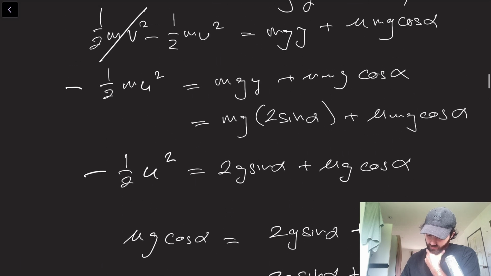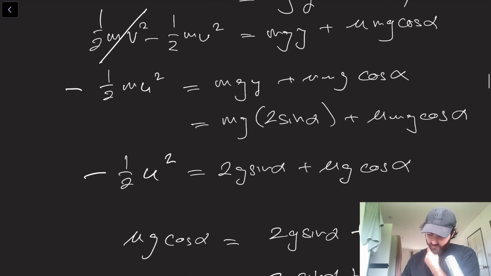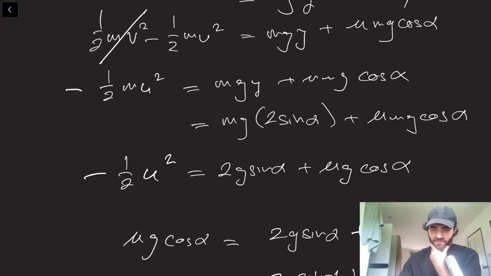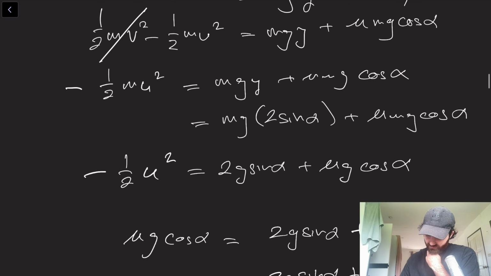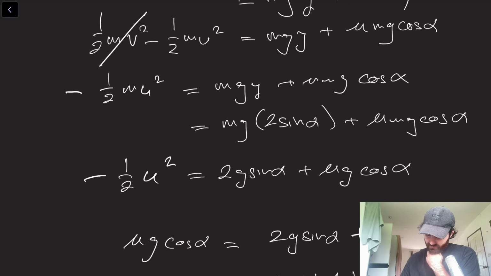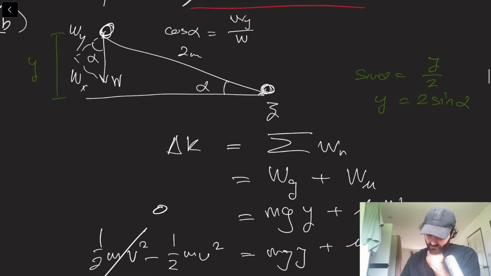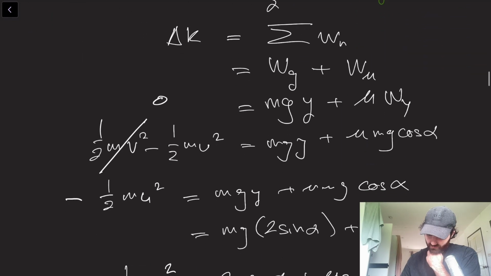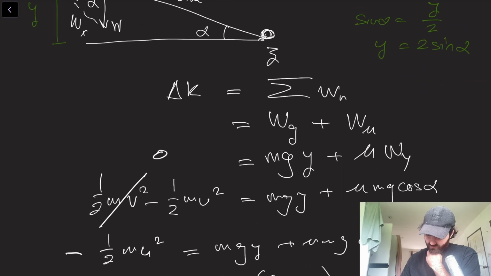What have I done wrong here? Oh. I apologize for this being so bad. This is mu. This thing here is the work done.